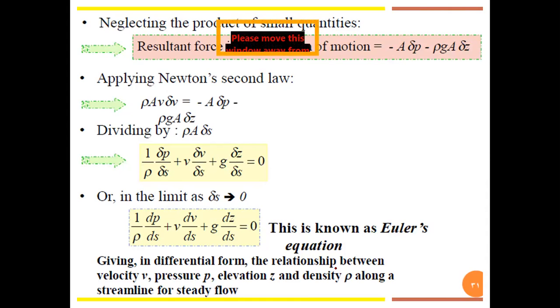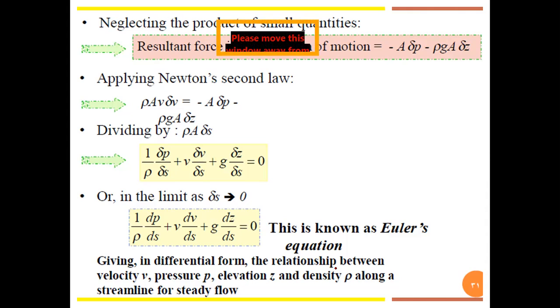Applying Newton's second law, ρ times A times δS times V ∂V is equal to minus A ∂P minus ρgA ∂Z. Now, dividing by ρA ∂S, and taking the differentiation, we get 1 by ρ ∂P by ∂S plus V ∂V by ∂S plus g ∂Z by ∂S is equal to 0.